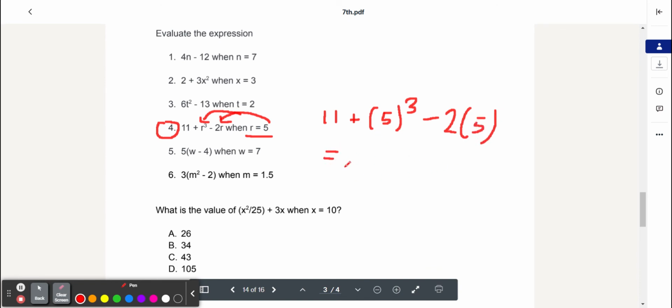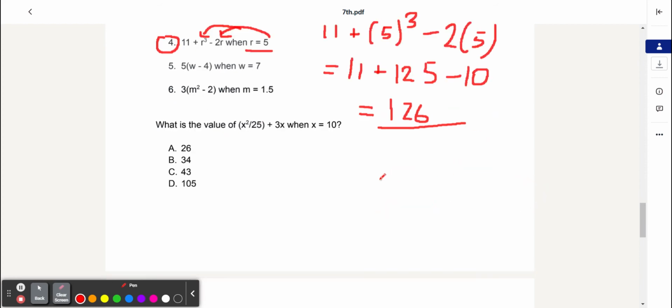And then now we just evaluate. 5 cubed is 5 times 5 times 5, which is 25 times 5, which is 125. So a bigger number. And then 2 times 5 is 10. And now we just have addition and subtraction, so we can just add 11 and 125 and subtract 10, which is the same as just adding 1. And the final answer is 126.